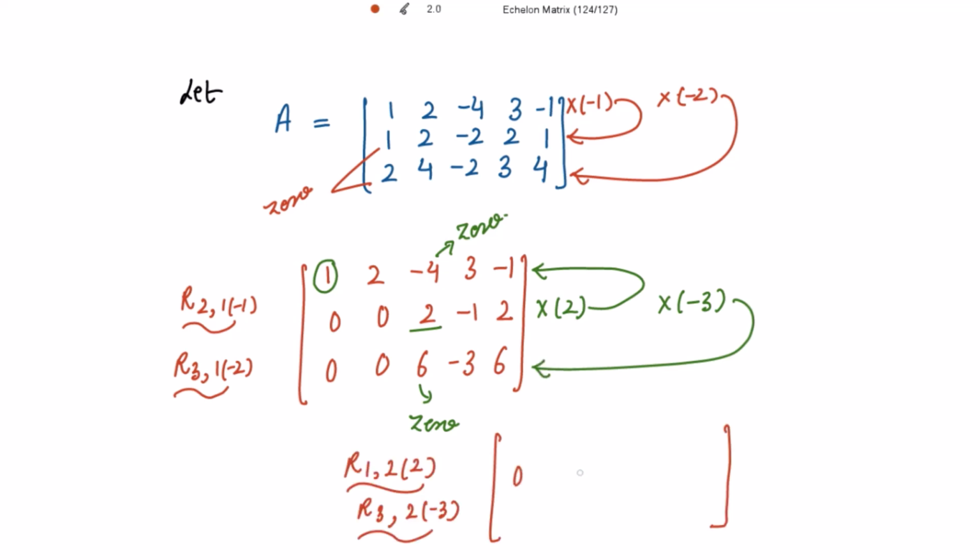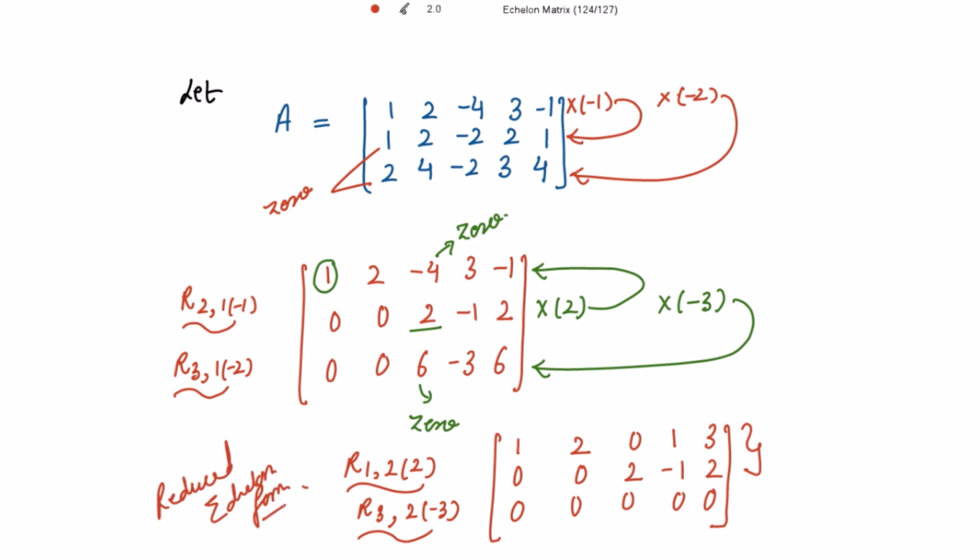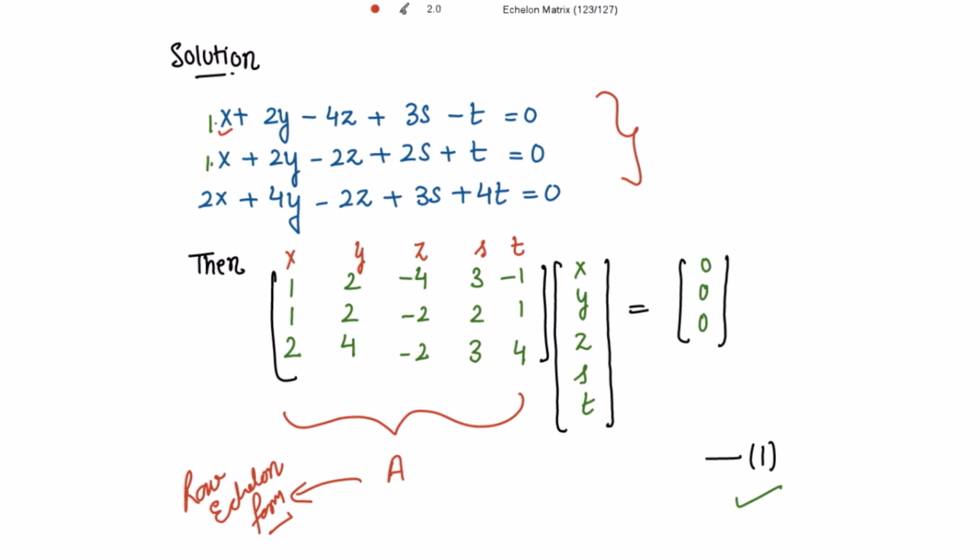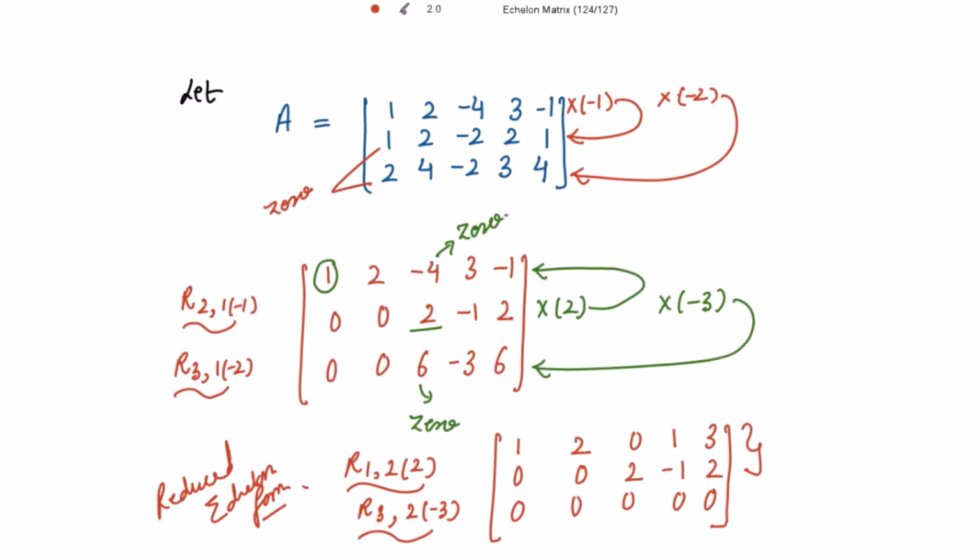Writing the second row as it is, the first row is changed into 1, 2, 0, 1, 3. And the last row changes to 0, 0, 0, 0, 0. So we get two non-zero rows, and this is your reduced echelon form matrix. Now replacing the matrix A with this reduced form.